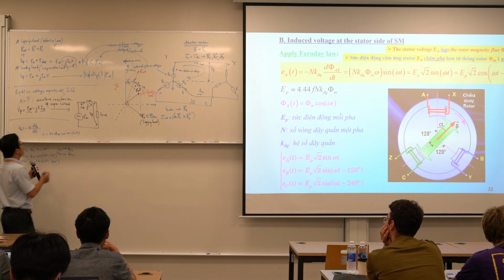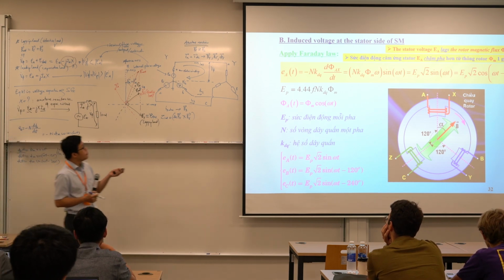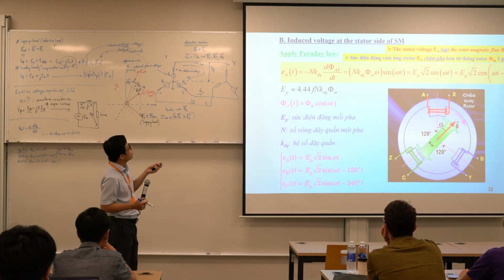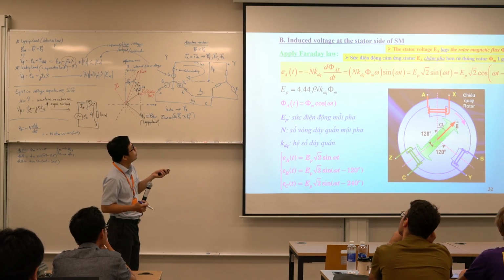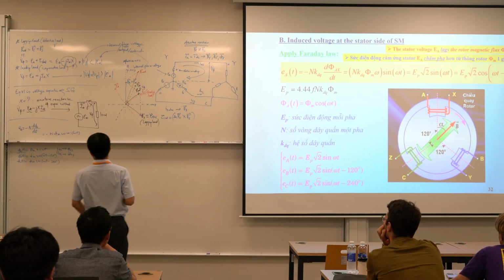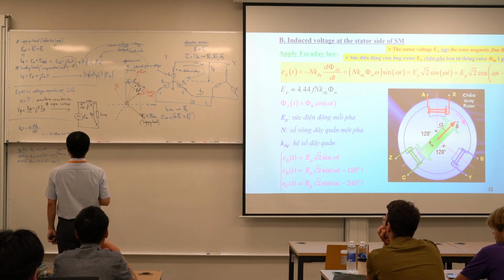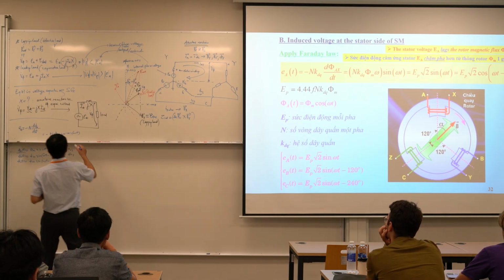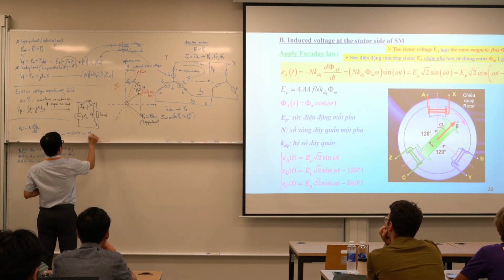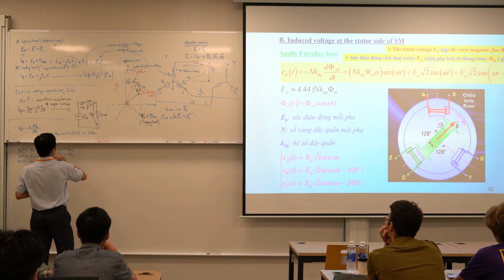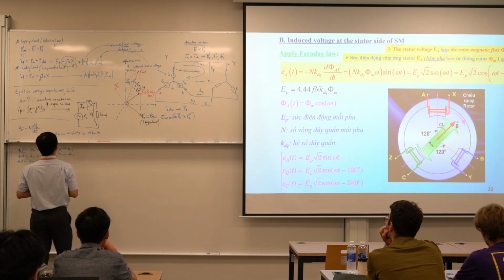Okay, so here. Oh, this is cosine. So now we have here sine or cosine. Omega is.